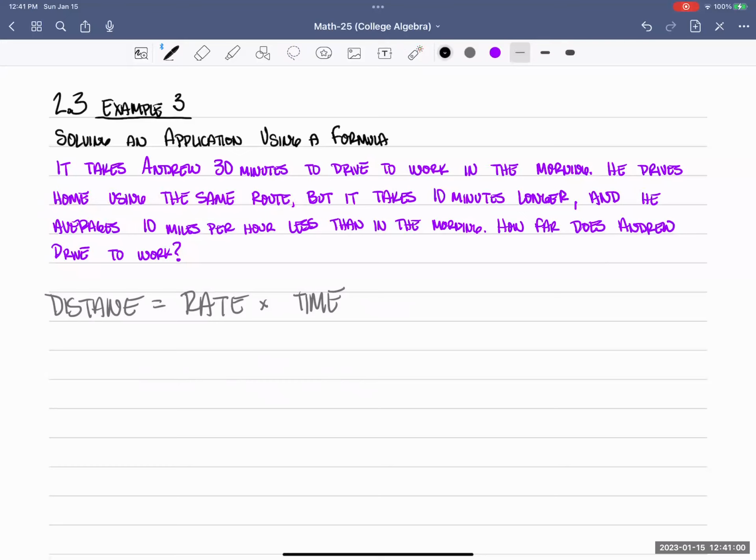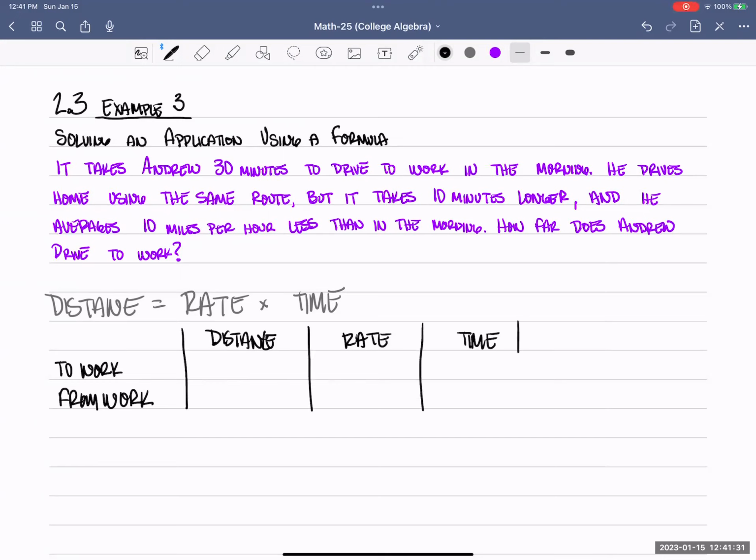I'm going to call them to work and from work. And from there, we have a couple of parts to this equation: distance, rate, and time.